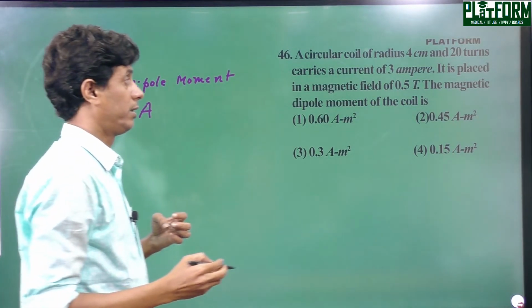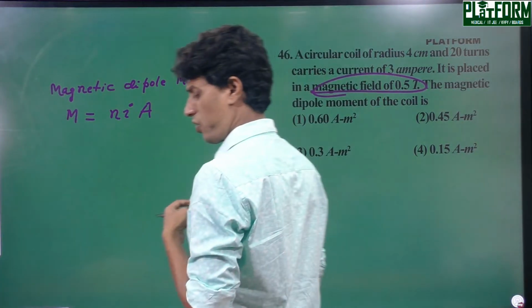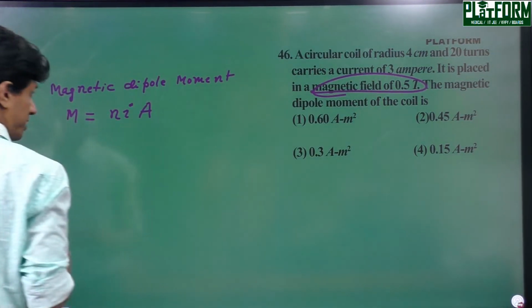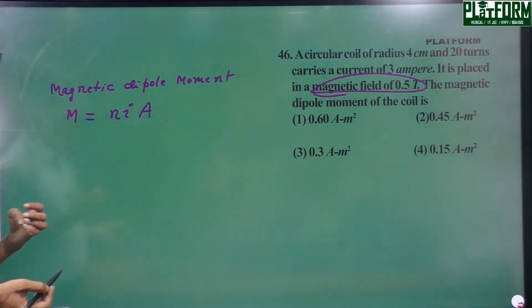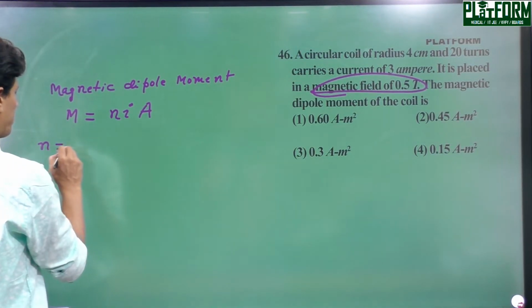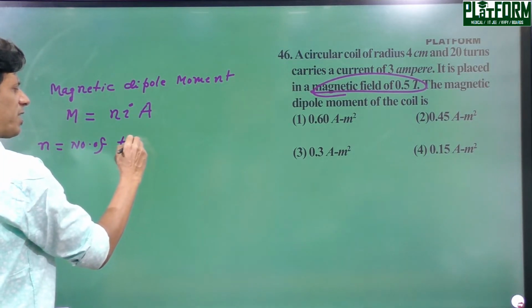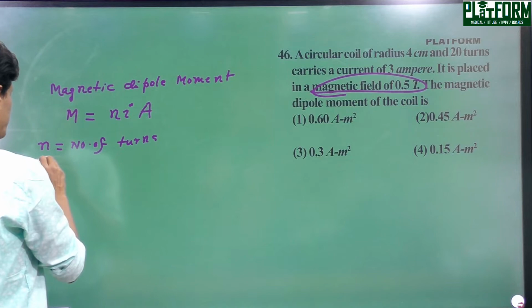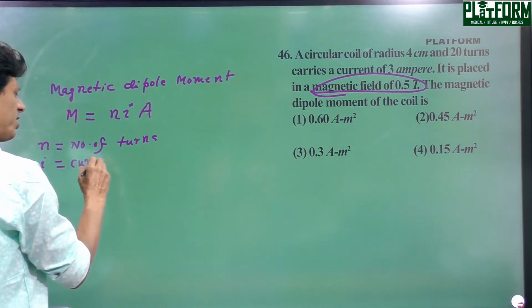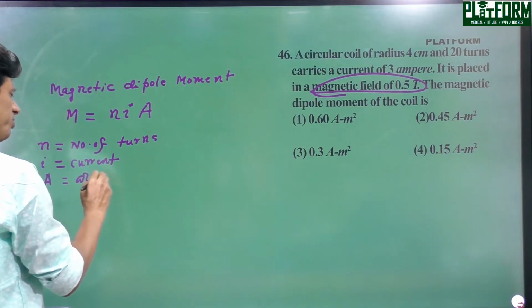The magnetic field 0.5 Tesla is not necessary in this case, it is just given. Here N is the number of turns, I is the current, and A is the area.